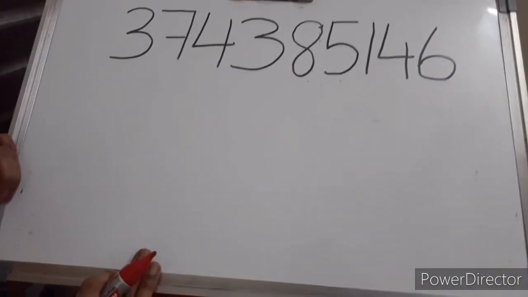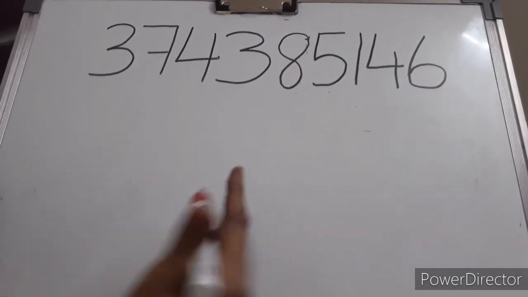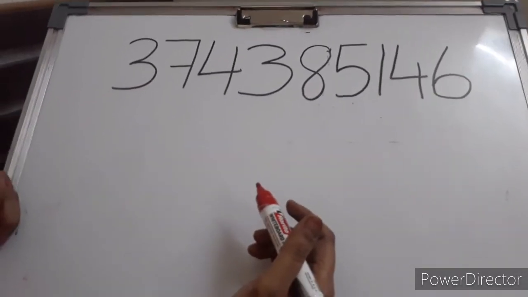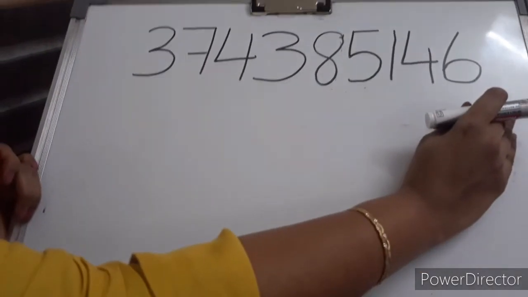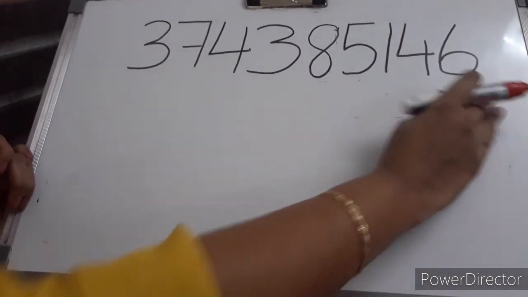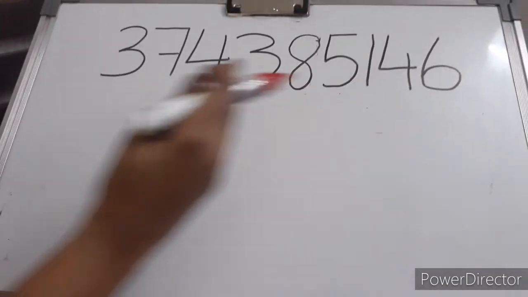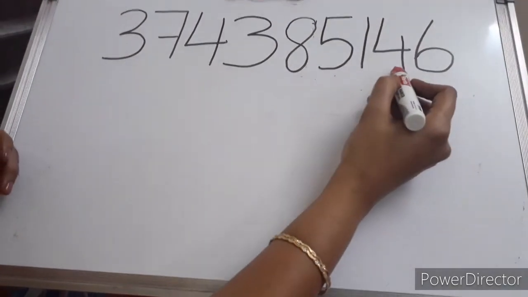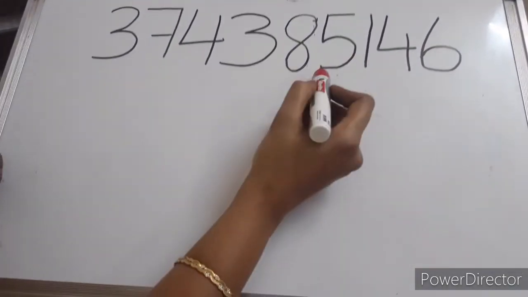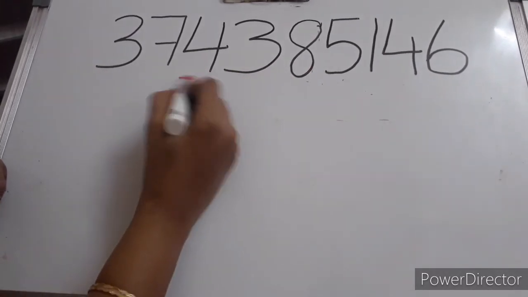So the last which I am going to teach you here is just a revision. Nearest to crores. If you want to do this number as nearest to crore, what do we have to examine? We have to examine the 10 lakhs place value digit. Now slowly we will go from right to left: ones, tens, hundred, thousand, 10,000, lakhs and 10 lakhs.